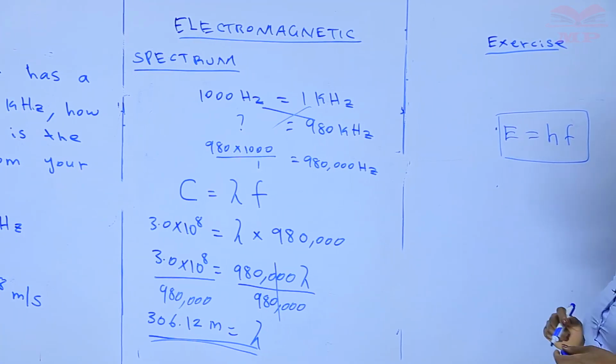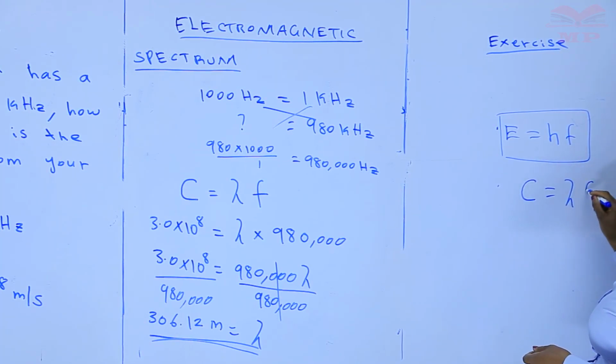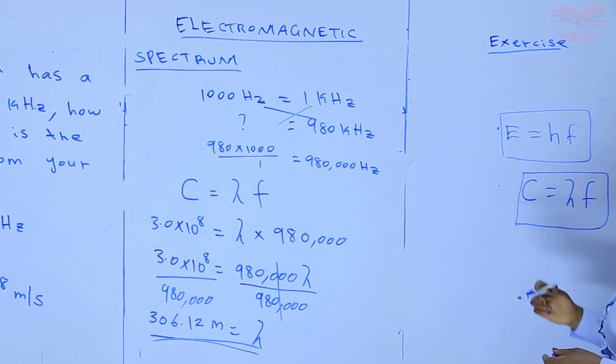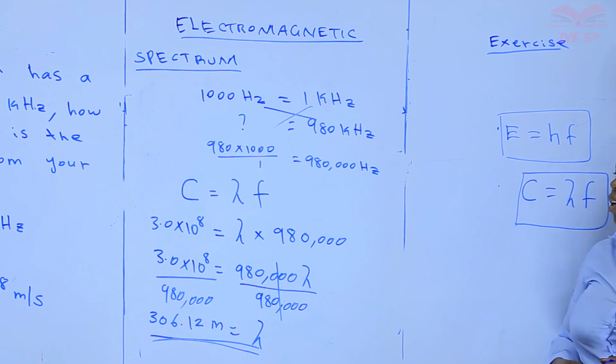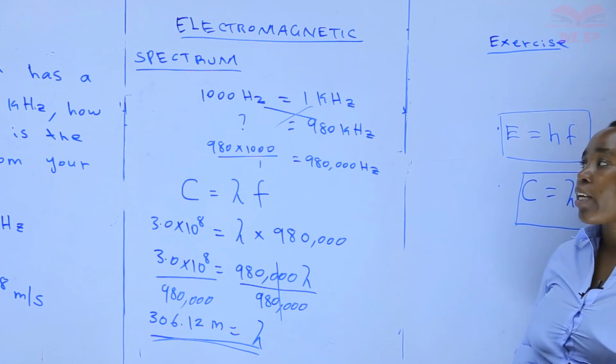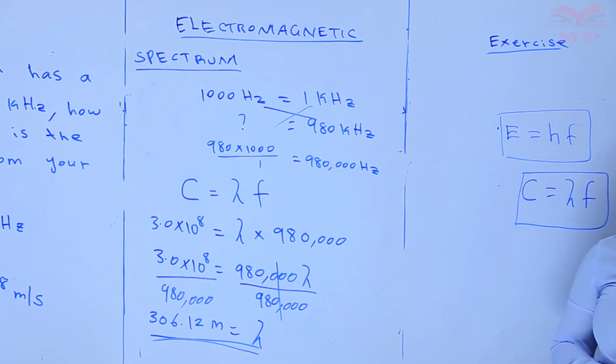And number 2 is the wave equation, C is equal to lambda multiplied by the frequency. And when you have these two, you can now calculate any quantity that you can be given. So that is it on calculations. Continue doing more and more to practice on the calculations involving energy and the wave equation.